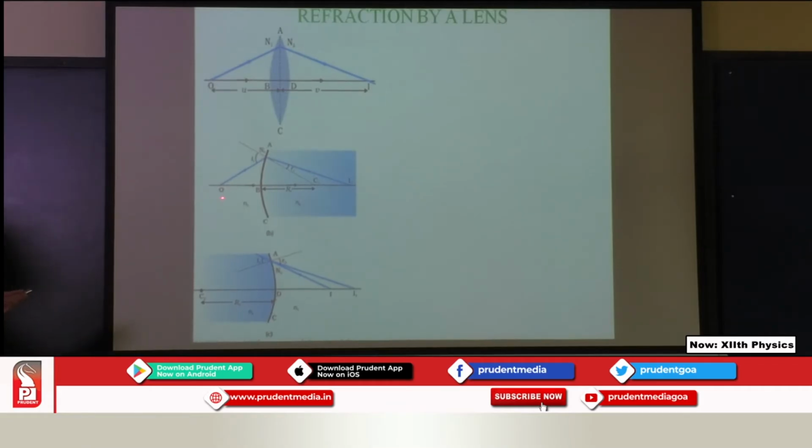So, we have the object O, the ray is incident at the curved refracting surface, the ray is getting refracted and forming an image at I1. There is a separation of the two media, hence we have got N1 as the refractive index and N2 as the refractive index of this one.